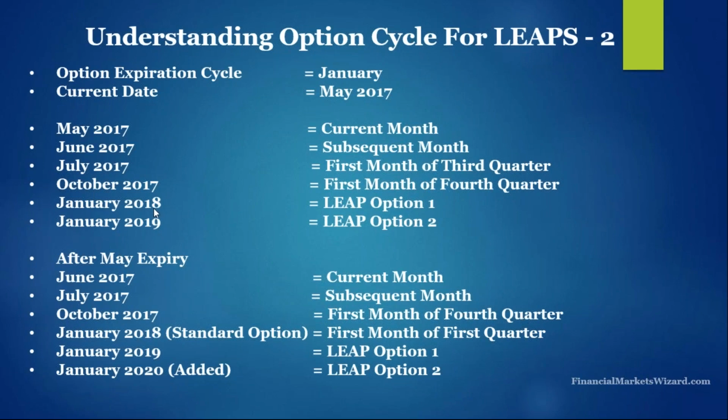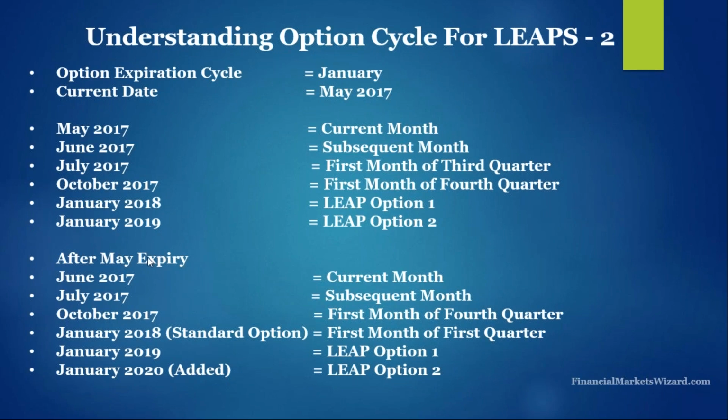Now January, because January is the first month of the first quarter, will turn into a standard option. So this will be the second month of the option cycle. So we will have June, July, October, and January, because this January is converted to, or considered as, part of the option cycle. So January 2020 will be added as a LEAP option. So this is the reason.